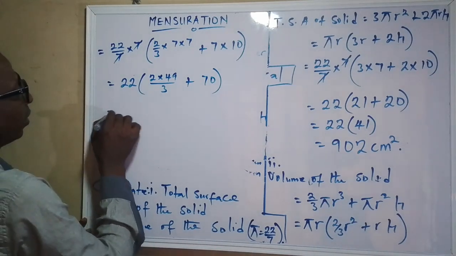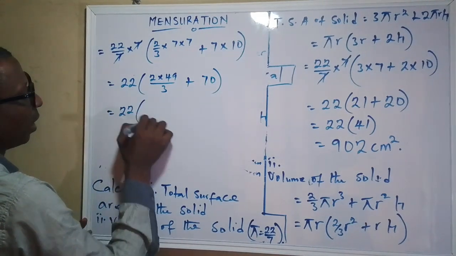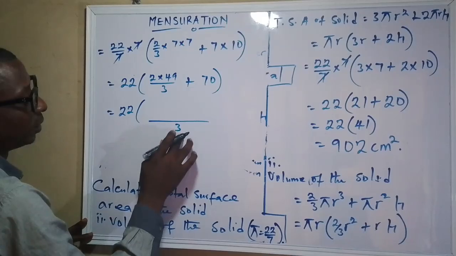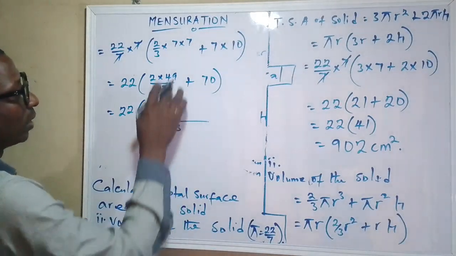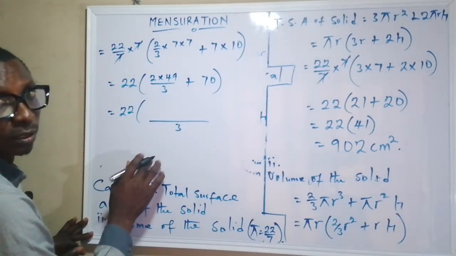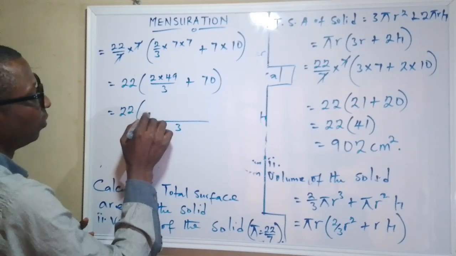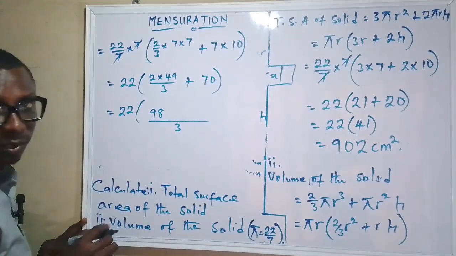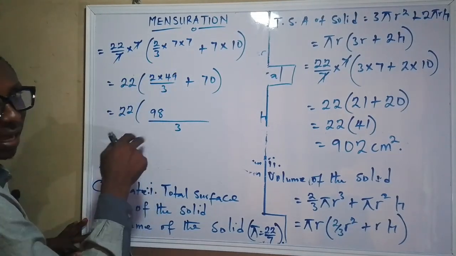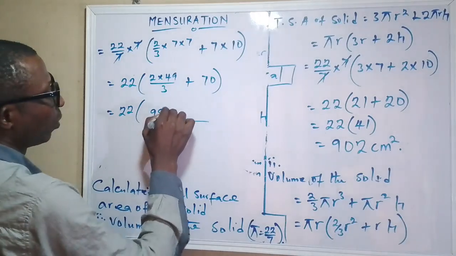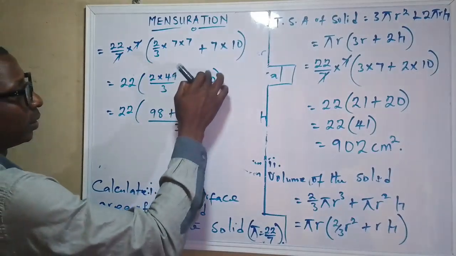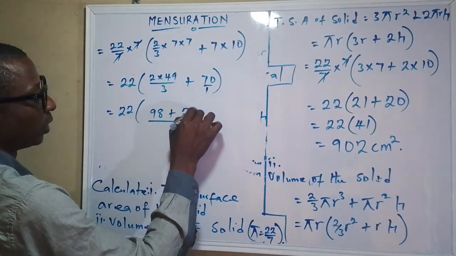So here we have 22. Now you can find the LCM for the one in the bracket. 3 goes into 3 one time, times what we have here, that's 2 times 49, which gives us 98. Then 1 goes into 3 one time, that's 3 times 70, which gives us 210.